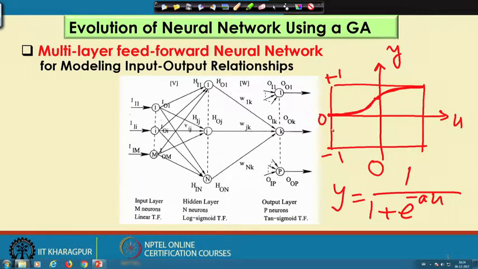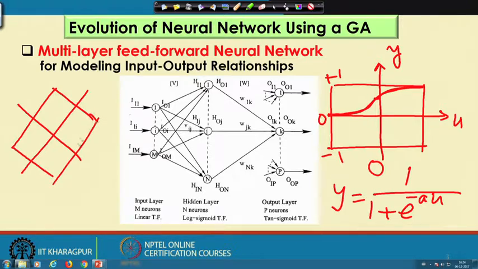Now, similarly, if I see the tan sigmoid transfer function, this is the input u and output is y, and if I see the plot, it will be something like this. So, this is the tan sigmoid transfer function. This is minus 1, 0, plus 1, and this is the positive direction of u.